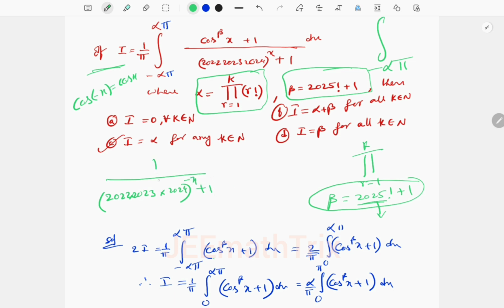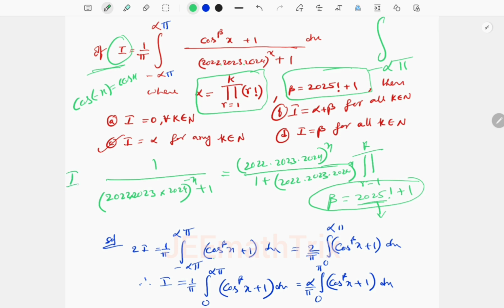So this can be rewritten as 2022 2023 2024 whole power x divided by 1 plus 2022 2023 2024 whole power x. So the denominator is going to be the same. Whatever I we have taken, we have the same I again.